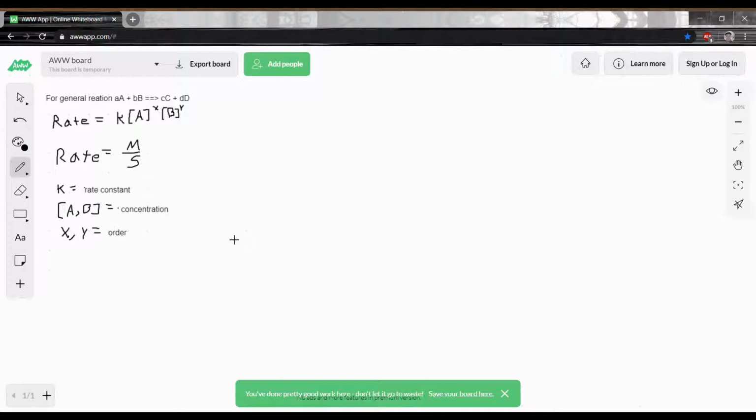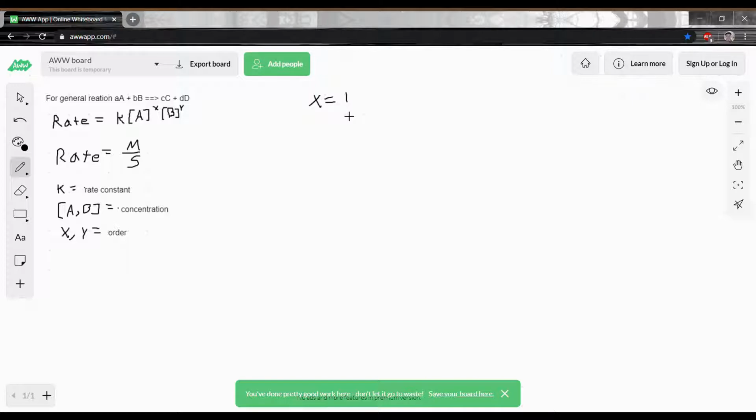This reaction is first order with respect to H2O2. Let's just say that since H2O2 is our first listed reactant, that's going to be A, which means X is going to be 1, because that reactant is first order.